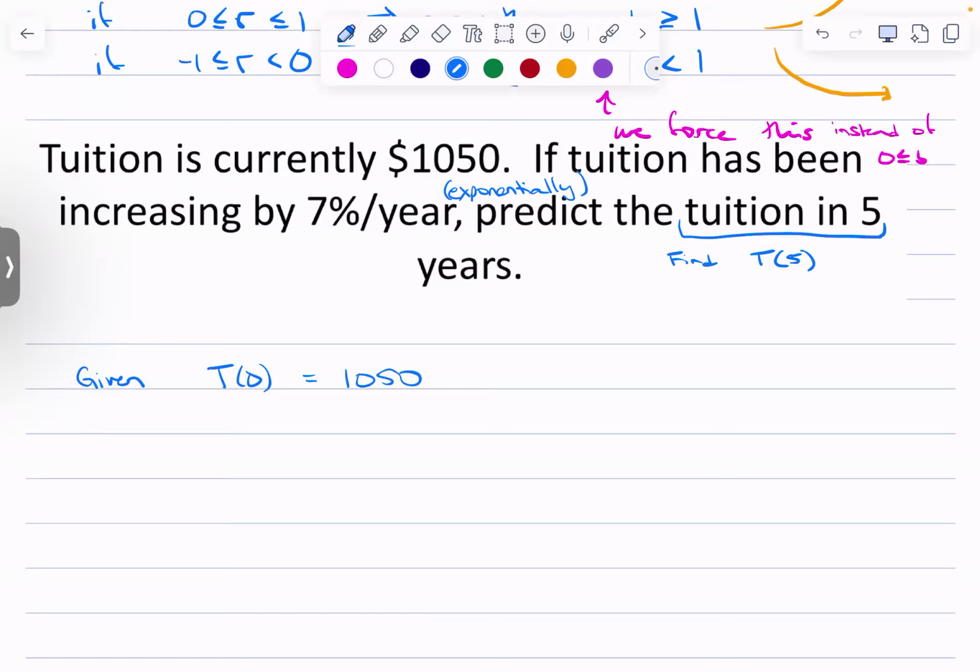It's not, probably. I don't actually know what it is, but it's more than that. So the tuition at time point 0, we're told, is $1,050. We're also given that the rate is 0.07 per year.